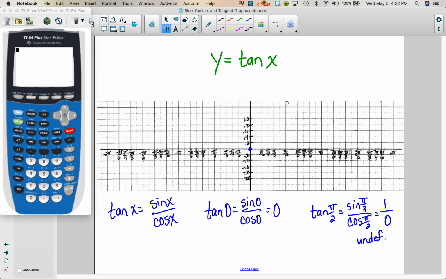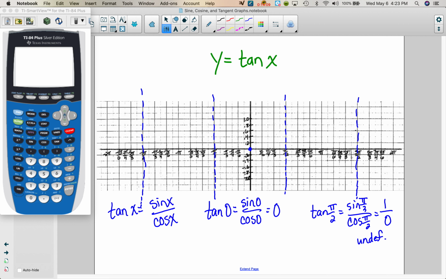It's an asymptote. So at pi over 2, we're going to have an asymptote, and that's going to happen at all the odd multiples of pi over 2. So at negative pi over 2, we're going to have an asymptote. At 3 pi over 2, we're going to have an asymptote. And at negative 3 pi over 2. So it's always a good idea to draw those in.